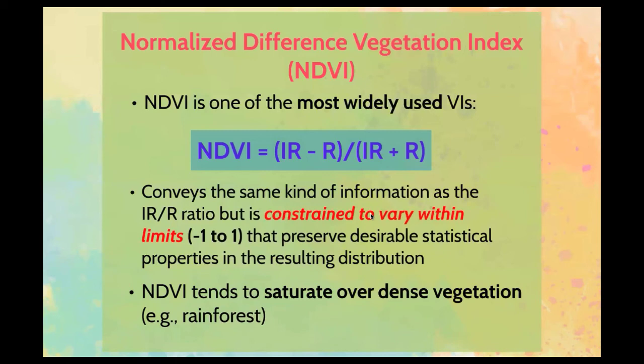However, when you reach over 80% or 90% vegetation, NDVI doesn't really distinguish between the dense vegetation areas. So this is the problem. The curve will flatten as it grows to the higher density vegetation areas. So NDVI, in that case, is not very useful for tropical rainforest, for observing the relative amount of vegetation.